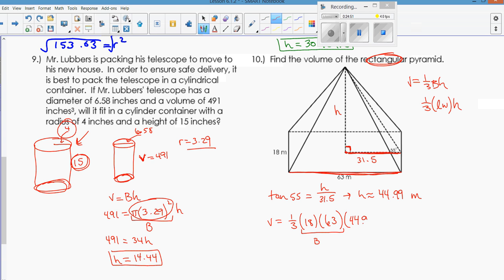44.99. But again, we couldn't have found that height unless we understood that if I take 63 and cut it in half, I get that. So this length would also be 31.5. Okay, and as long as we don't give you a slanted pyramid, which I don't believe we do, and if we did, we would tell you. Okay, so go ahead and use your calculator to find that answer.